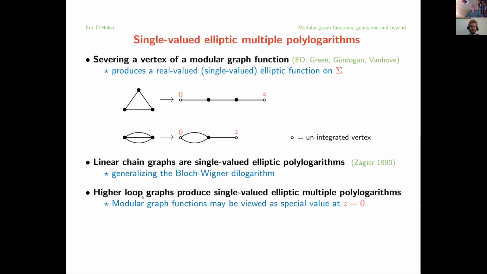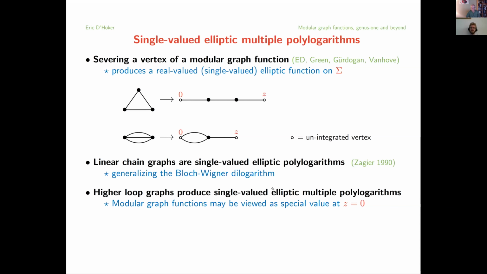For higher loop graph functions, this again, as I said, produces elliptic modular polylogs, and the modular functions may be recovered by setting Z equal to a special value. In this case, it's 0. For polylogs, usually it's going to be 1, but here it happens to be natural to be 0.